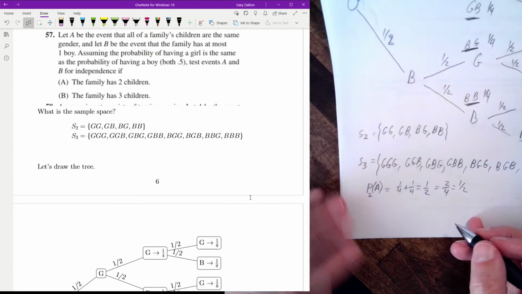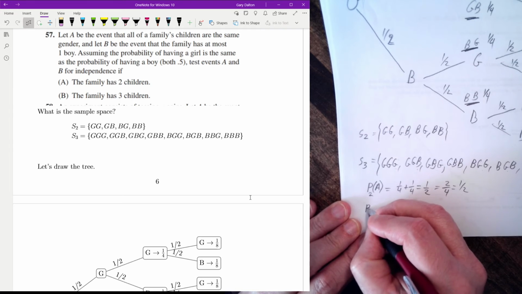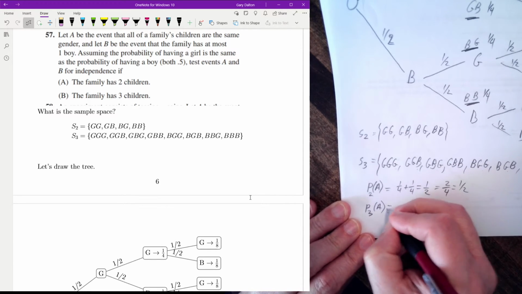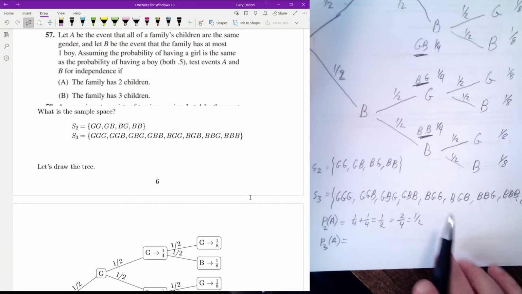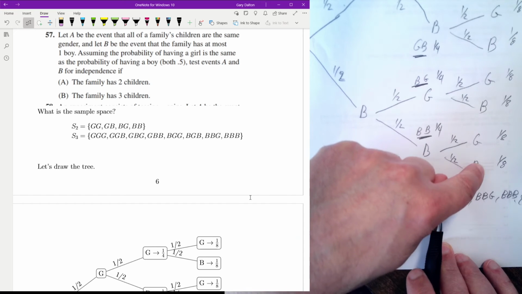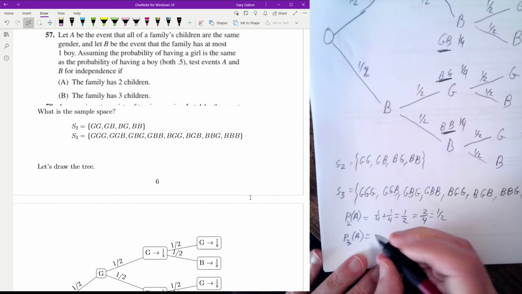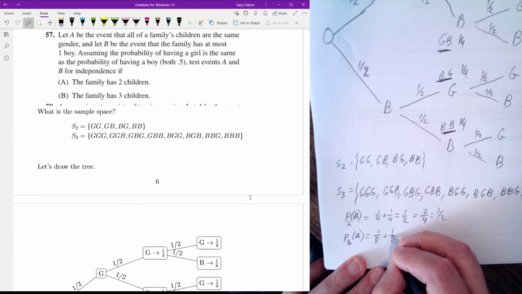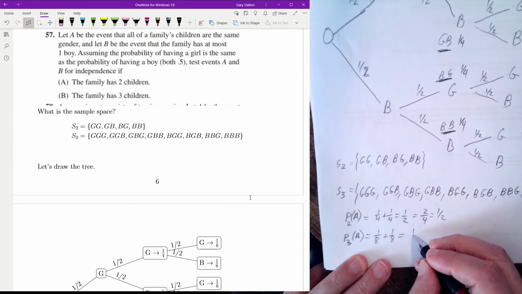Okay, so what is it when we're talking about 3 children? The probability of event A when we have 3 children. So when we're doing that, we have 1/8 and 1/8. So there's only the 2 possibilities. So it's 1/8 plus 1/8, and that is 1/4.